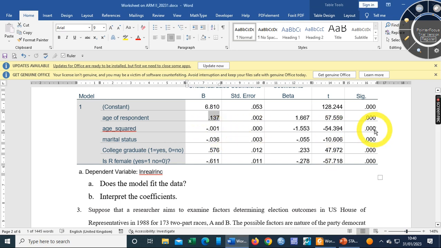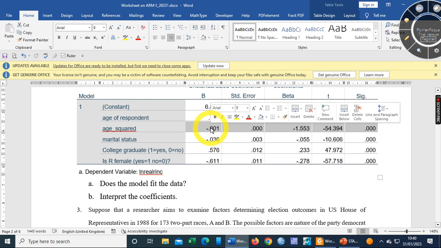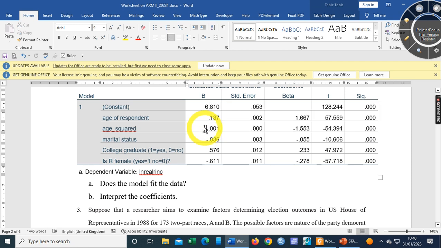The variable is statistically significant, and the sign is negative, which implies that age and income are related in a non-linear way.